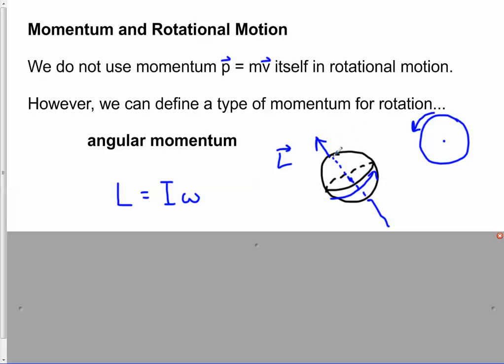So now, how do you know it's pointing, in this case, up and not down? Because both of those would be along the axis. Well, you use what's called the right-hand rule. And in physics, there's a number of right-hand rules. We're going to learn other right-hand rules next semester in electricity and magnetism, particularly with magnetism.